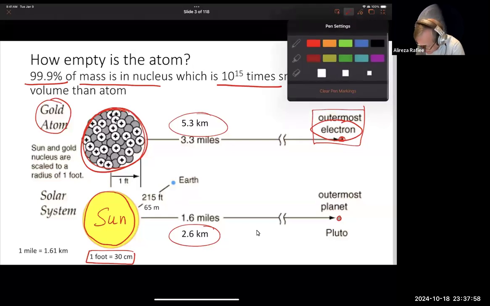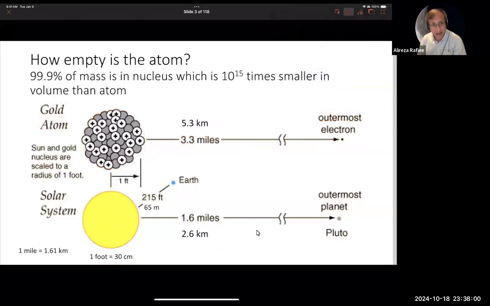So the nucleus is incredibly small, the atom is incredibly dense in the nucleus, and it's filled with empty space between the electrons and the nucleus.